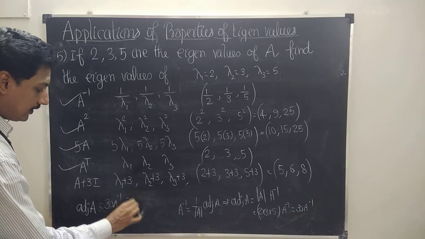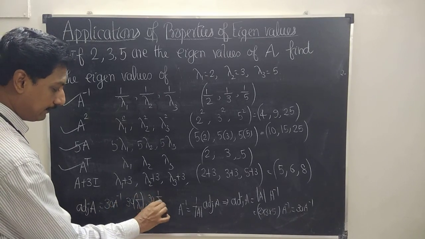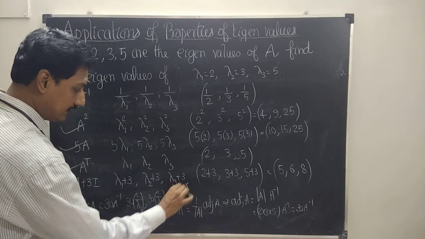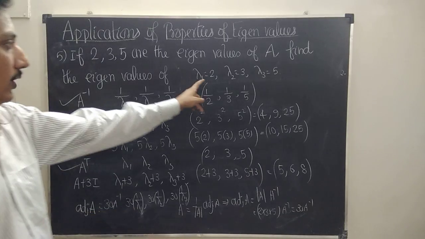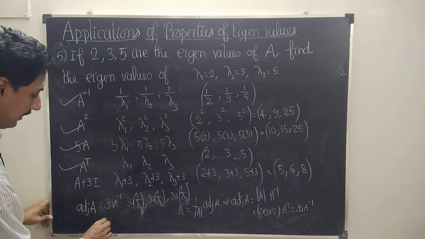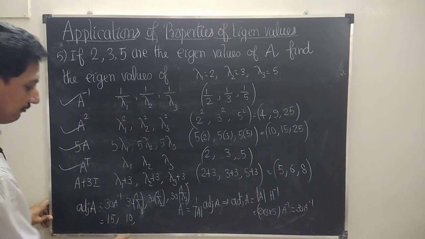So it's nothing but 30 into 1 by lambda 1, 30 into 1 by lambda 2, 30 into 1 by lambda 3. So let us substitute. Lambda 1 is 2, lambda 2 is 3, lambda 3 is 5. You will get the answer 30 by 2 is 15, 30 by 3 is 10, 30 by 5 is 6.